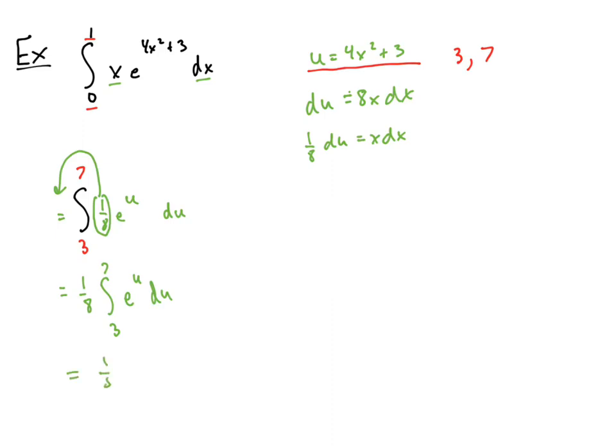So this will be 1/8 times e to the u evaluated from 3 to 7. We get 1/8 times e to the 7th minus e to the 3rd. So we could leave it like that, but e is a constant. If we type this into the calculator, we get about 134.568.